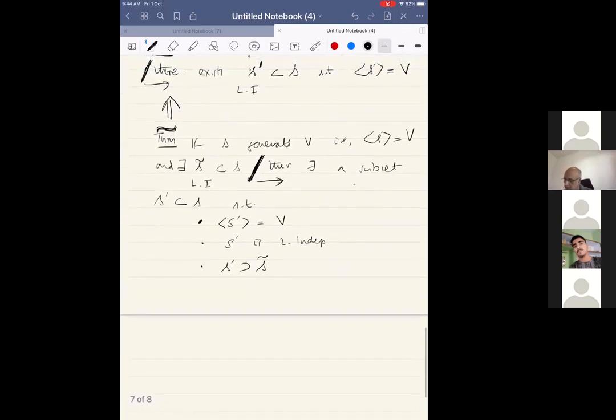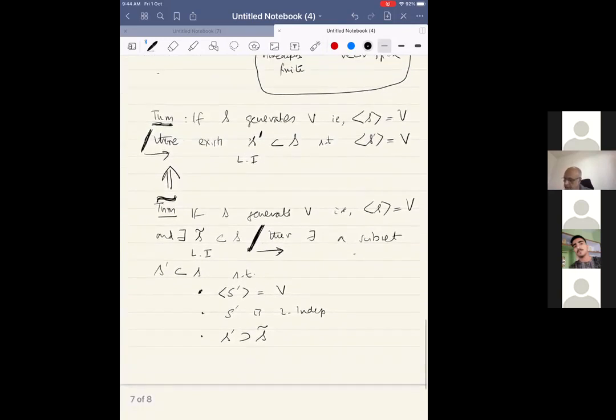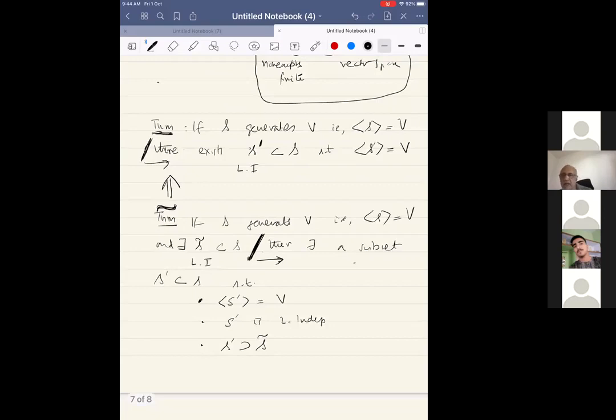So in the first theorem, I did not start with the S tilde. In the second theorem, I start with some S tilde, which is a linearly independent subset of S, and I'm declaring that I can keep S tilde and add on more vectors from S, so that I end up with a set that spans V and is linearly independent.